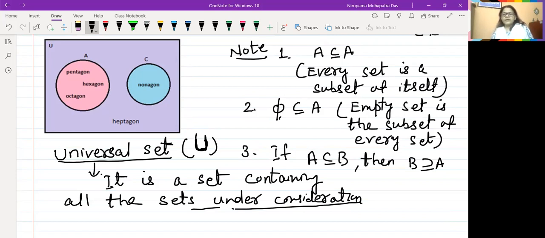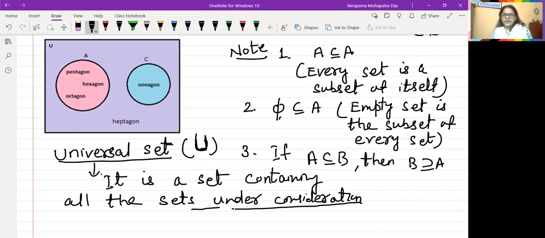Suppose for example, why I'm using the term under consideration? For example, if you take class 12th, class 11, class 10, class 9, maybe you can go till nursery class. Here school contains all the classes. School is the superset of all other classes because school contains all the classes.